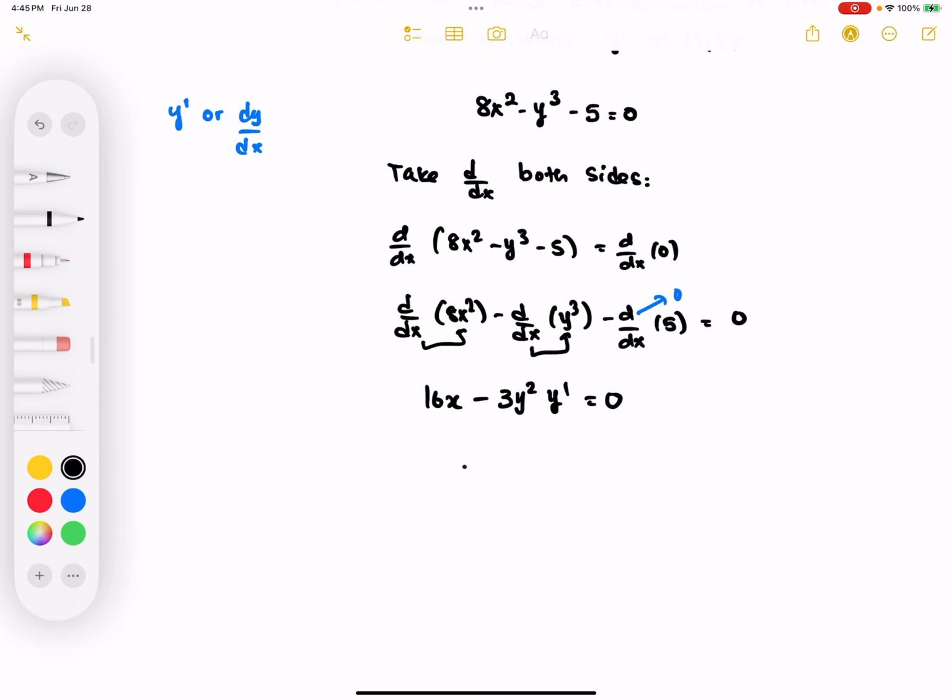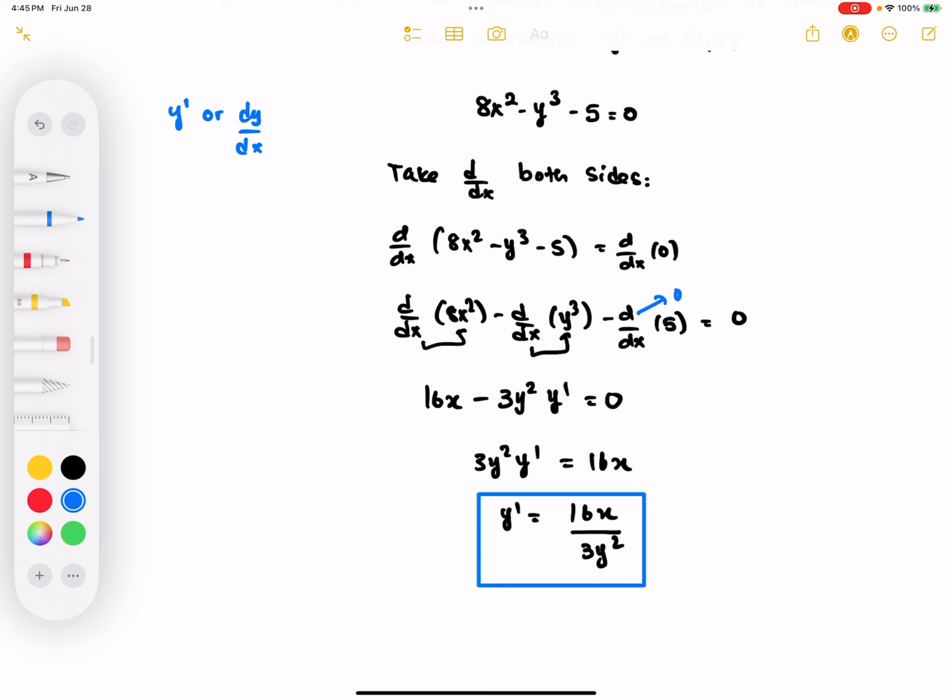So solving for this one, 3y squared y prime is 16x when you set the equation. So y prime becomes 16x divided by 3y squared. So this is the derivative, or y prime.